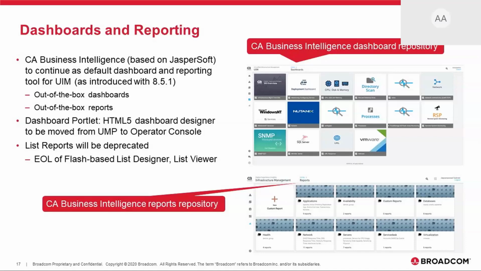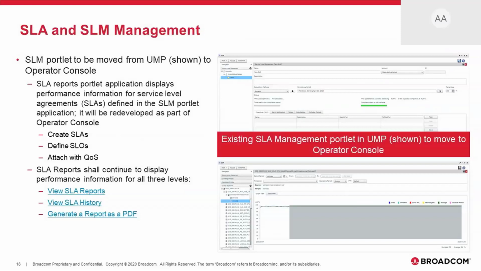In case you want to preempt your custom report creation, even before the release of UIM 20.3, users can start creating their dashboards and reports even today using Jaspersoft, that is CABI, so that once UIM 20.3 is available, users can upgrade seamlessly.